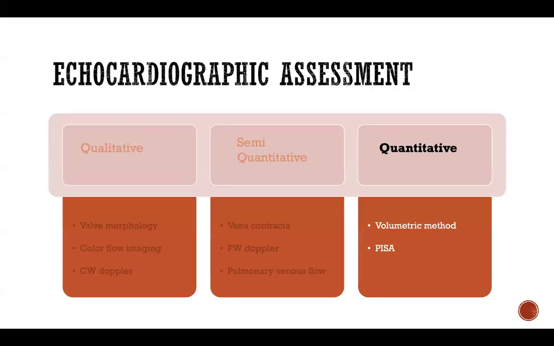If you spend some time while you're scanning, making sure that you took all the numbers needed for this, it might prevent you from proceeding to transesophageal echo in many cases.